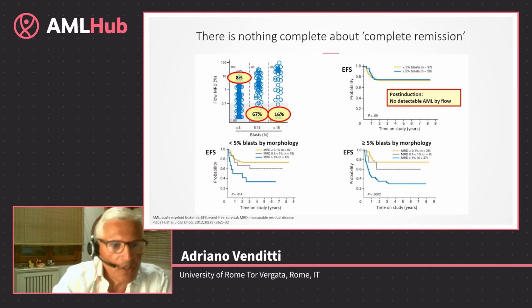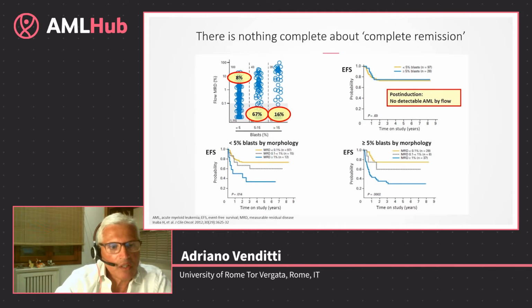This experience is a paradigmatic example demonstrating that there is nothing complete about complete remission. This is a series of pediatric patients that were followed at St. Jude's Hospital in Memphis.